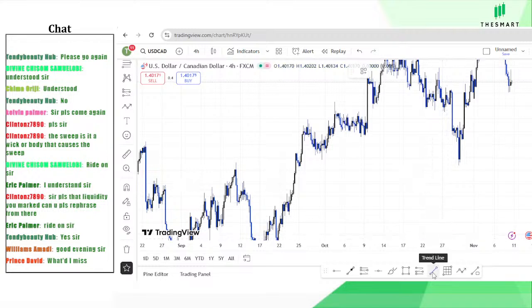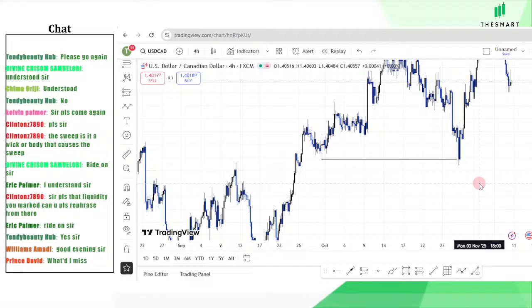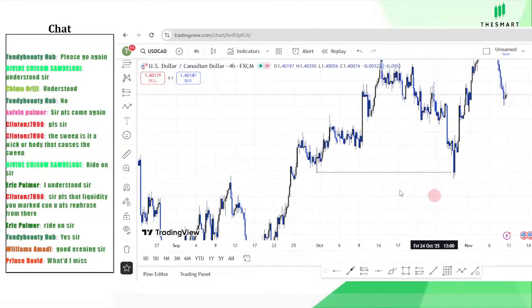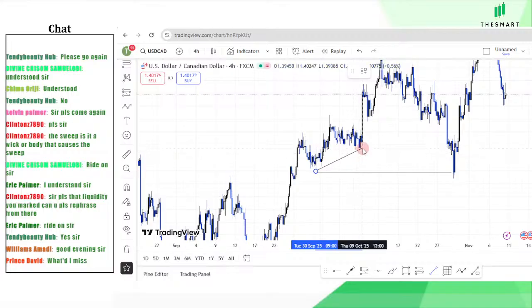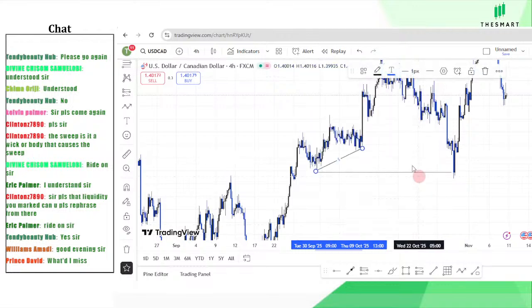Okay, I'm seeing one here, at this level here. All right, so we have one at this level, and you can see all of this liquidity that was sitting here.